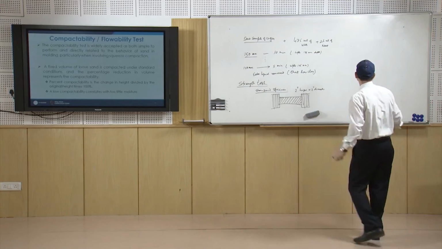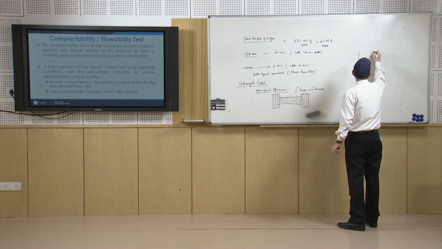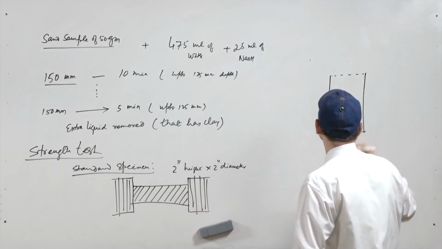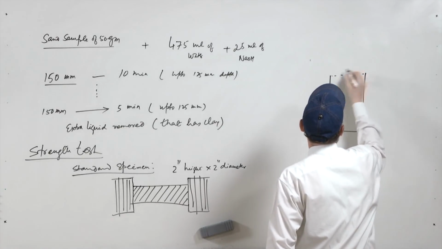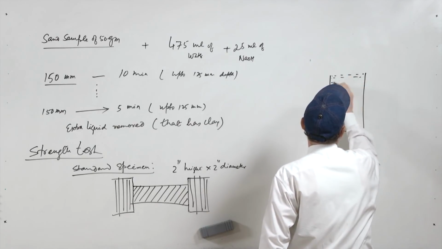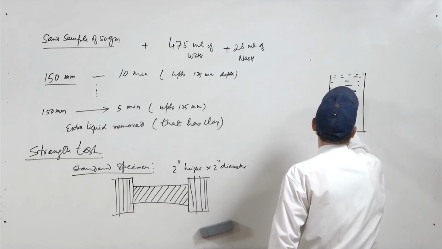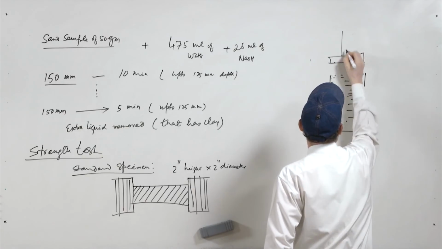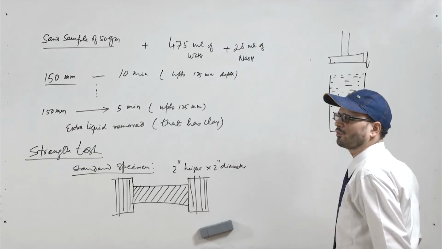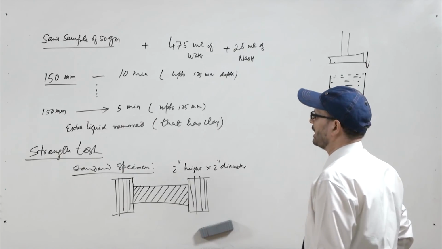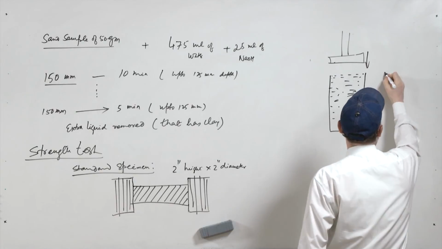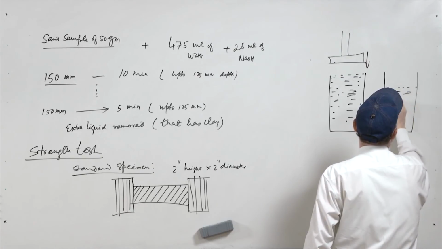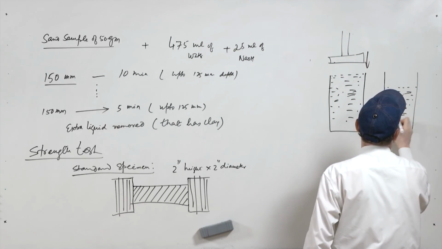So, what is done is, you have a particular container or a cylinder, in that there is a ram, and once you fill the sand in this container, the ram is allowed to fall from a height, and once it falls upon it 3 times, the molding sand may come down to this height.